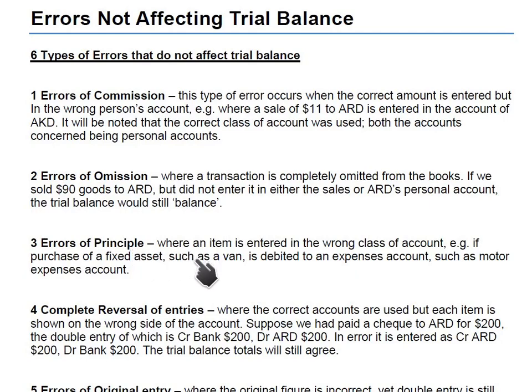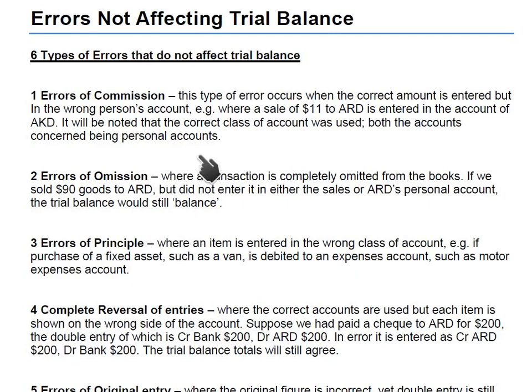For example, we have bought a motor vehicle. As you may be aware, a motor vehicle is a capital expenditure. It is an asset for the business. So what we did, we have debited motor expense instead of the motor vehicle account. So we have made a capital expenditure. Instead, we treated that capital expenditure as a revenue expenditure. So when capital expenditure is treated as revenue expenditure or vice versa, this is known as error of principle.